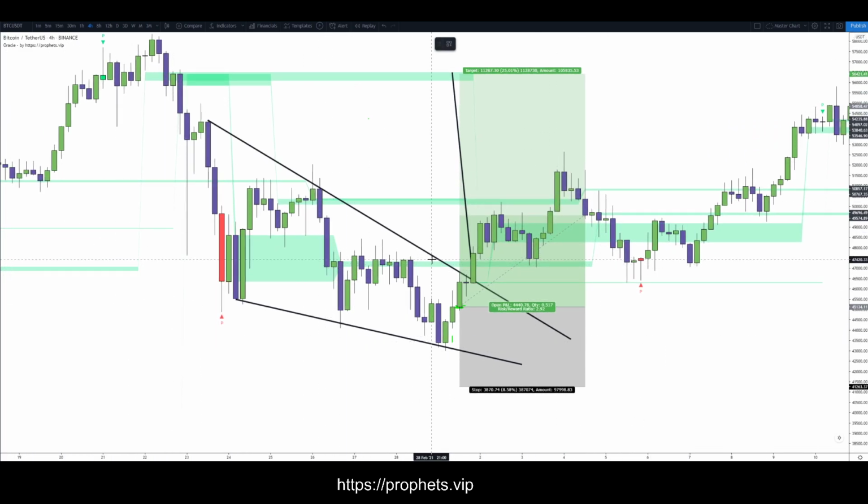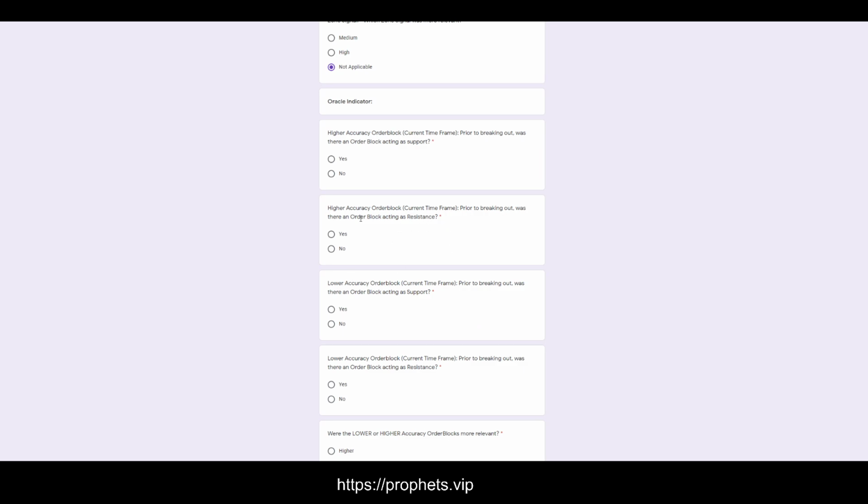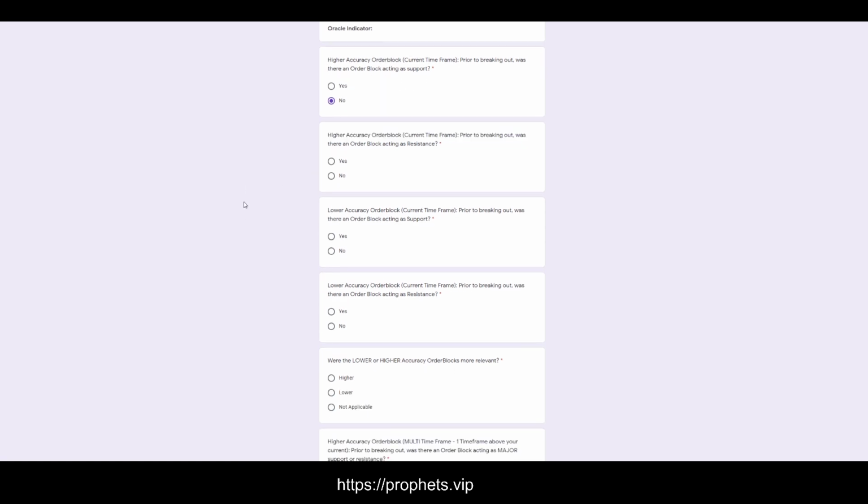So prior to breaking out, there was no support, right? Where actually this was a resistance, but it did come as support after breakout, right? So this was resistance as we came up and slapped into it here. But if we go into this, prior to breaking out, was there one acting as support? No, there was not. Right.